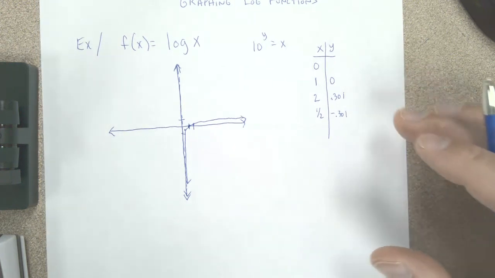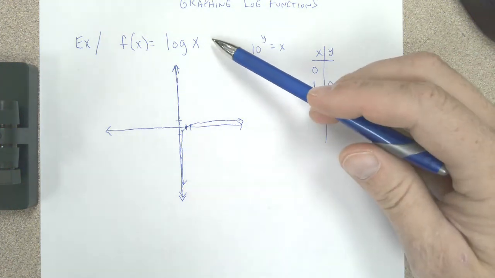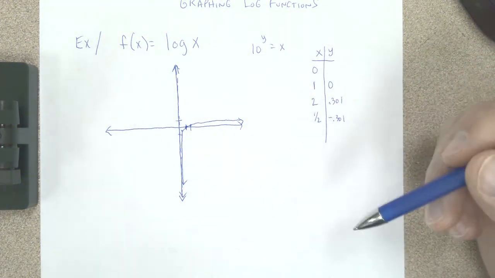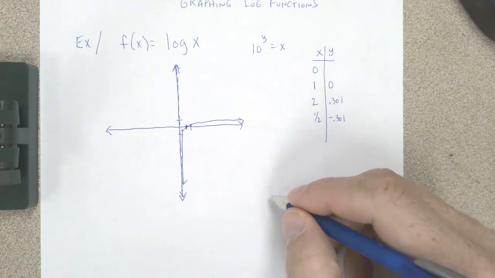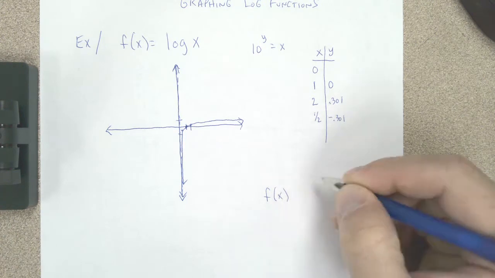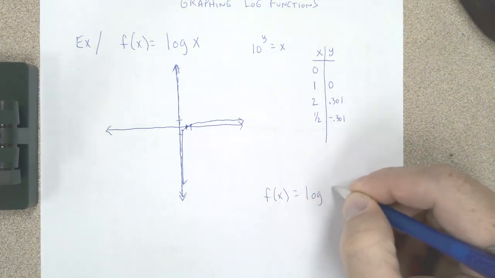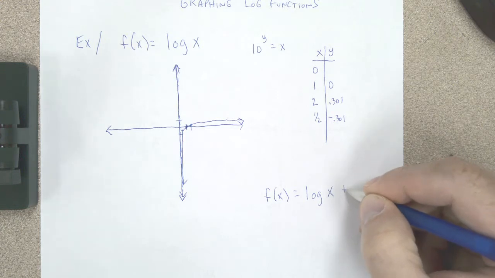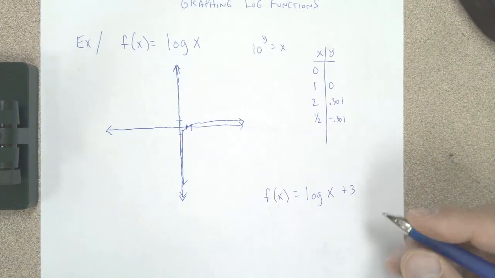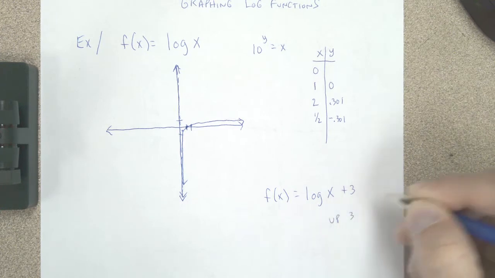Just like with the exponential functions and our other functions, if this is my parent function, we can utilize our transformation information to make our other graphs. So if I have f of x equals the log of x plus 3, that's going to shift my graph up 3.